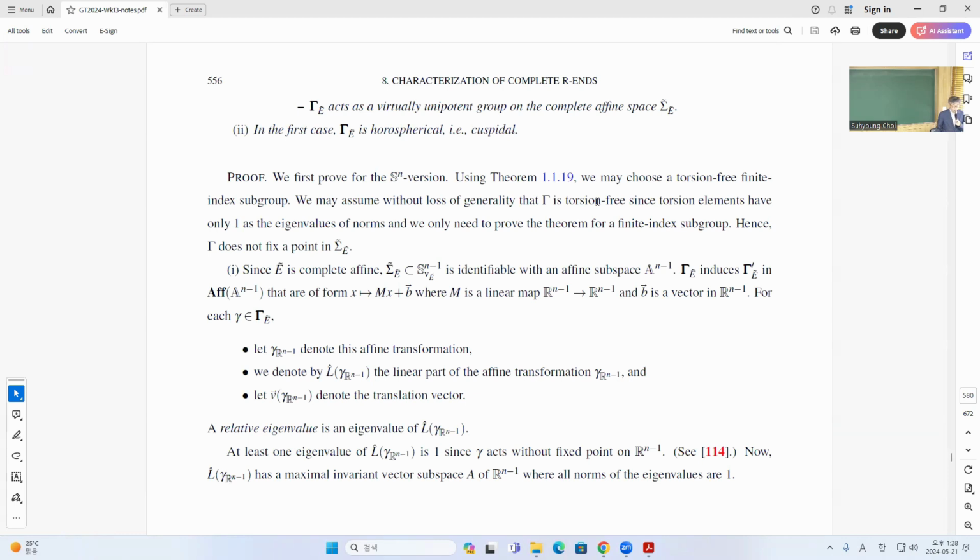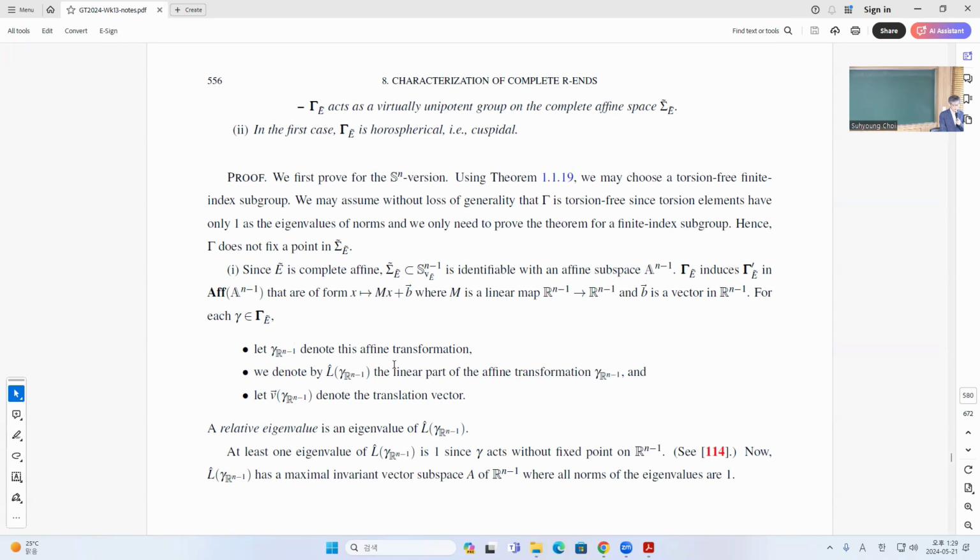The proof of this is that we can always get a torsion-free index subgroup. Since it's complete affine, you can identify it with affine space, and you can write it this way. For each gamma, we can write gamma in terms of Rn minus one as the affine transformation here.